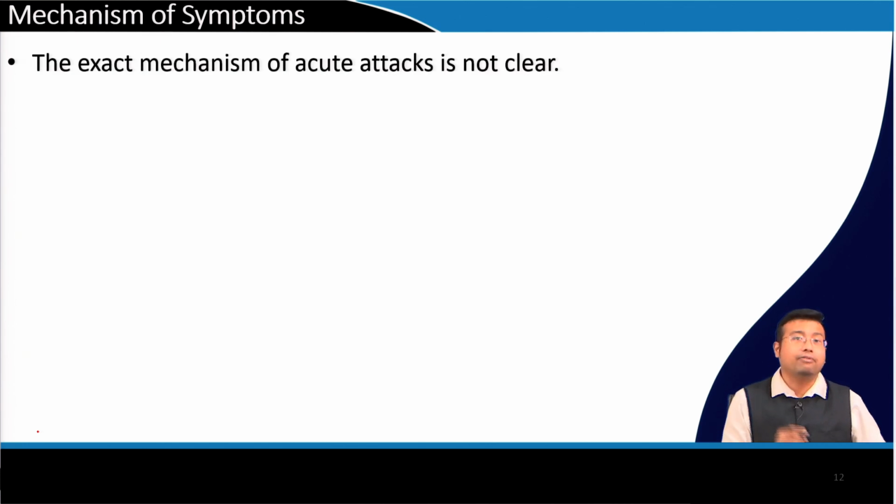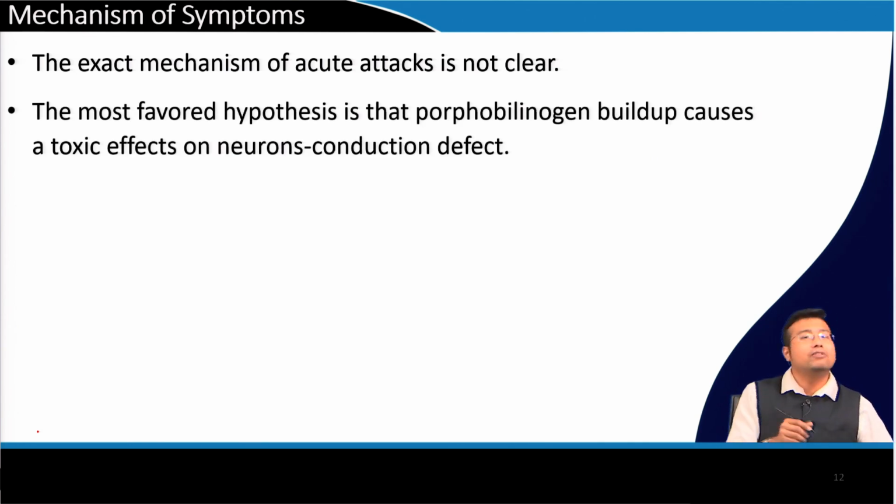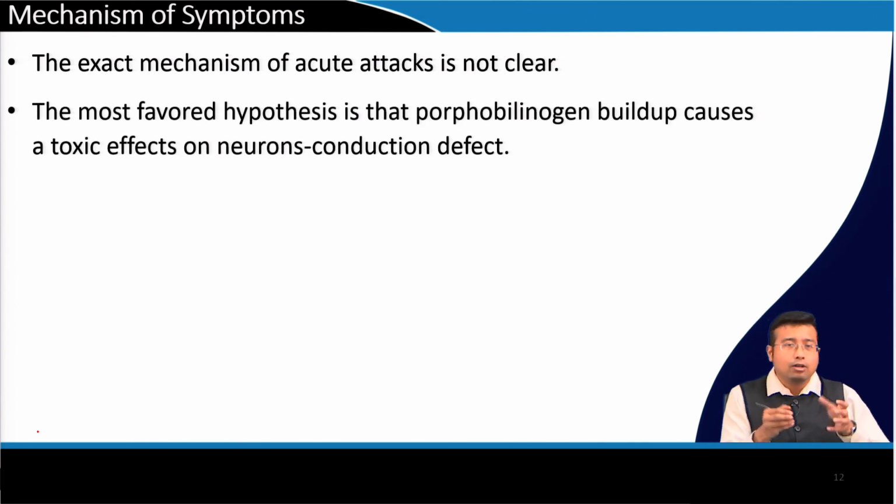So, let us understand. First of all, the exact mechanism of acute attack is not clear yet to date, it still is a matter of research interest. However, scientists have been able to pinpoint several reasons.